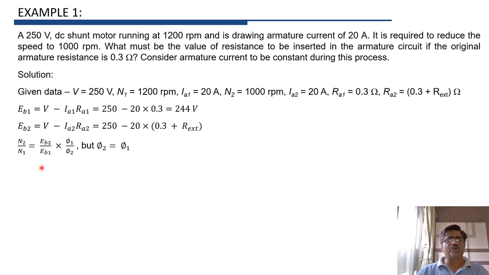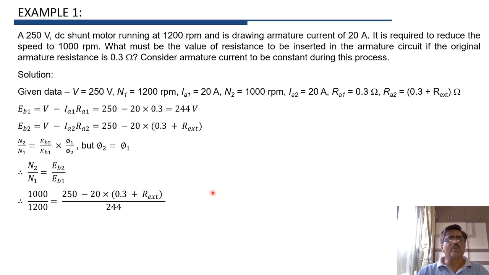Now we can substitute all the values. So N2 is 1000 and N1 is 1200. Then EB2 is 250 minus 20 into 0.3 plus R external, and EB1 is 244 volt.